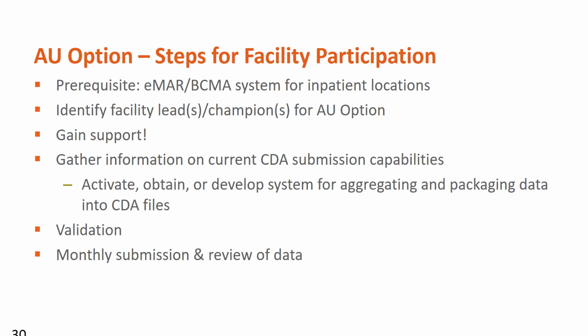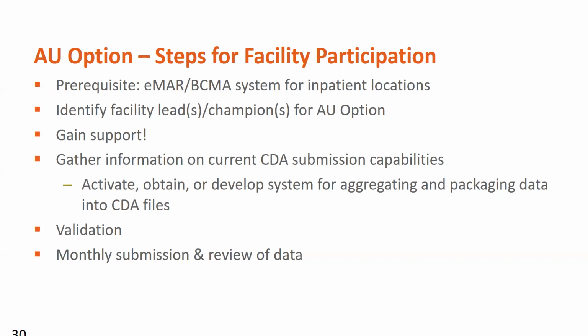Then you would want to gather information on your current CDA submission capabilities. Like I said before, some of you may already be using a vendor that has this capability available to you. So maybe you just need to turn it on, or get the next level or next version of whatever software you're using from that vendor.